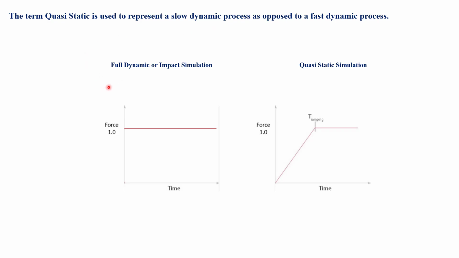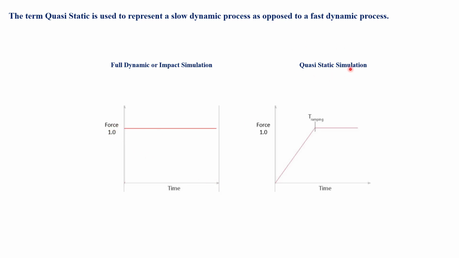The quasi-static represents a slow dynamic process. Now, if you consider a fully dynamic analysis, the loading condition is constant throughout the time, for example if you consider only 1 millisecond, the load will be constant throughout.